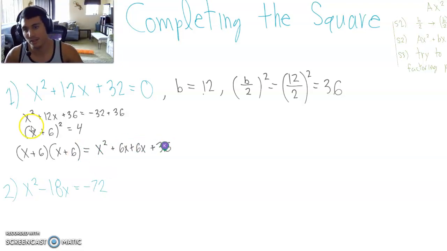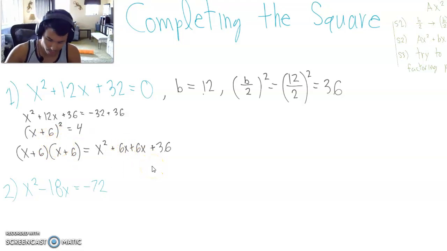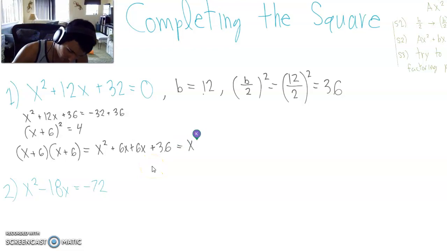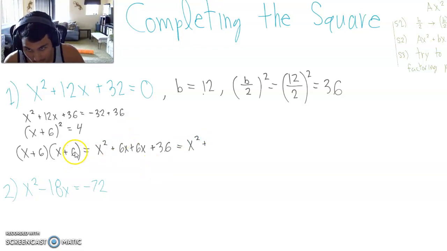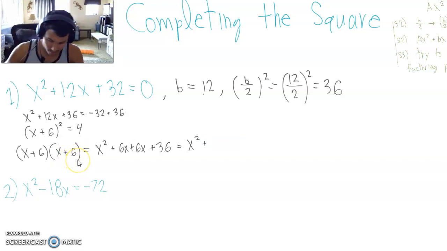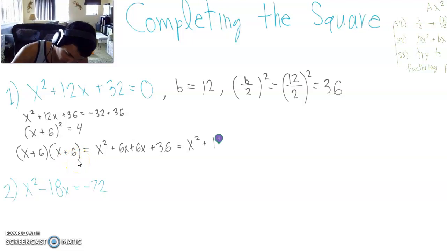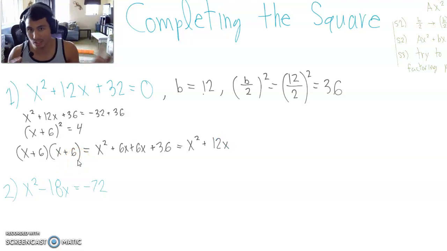And by the way, a trick is whatever this number is, 6, you times that by 2, and times it by x, and you'll always get 12x. That's a little trick to kind of speed up the process. If that didn't make sense, just do it the long way. It's fine.